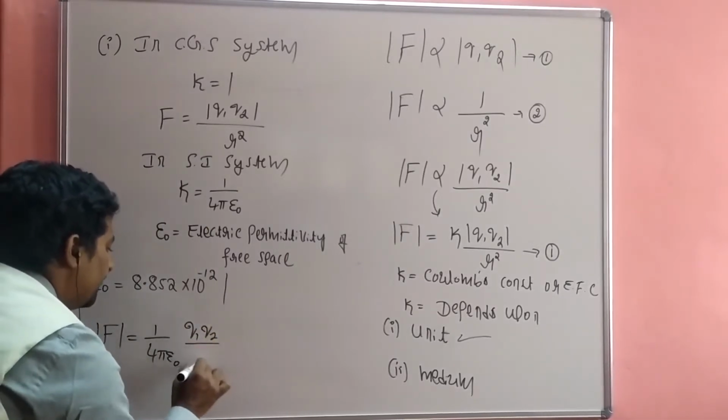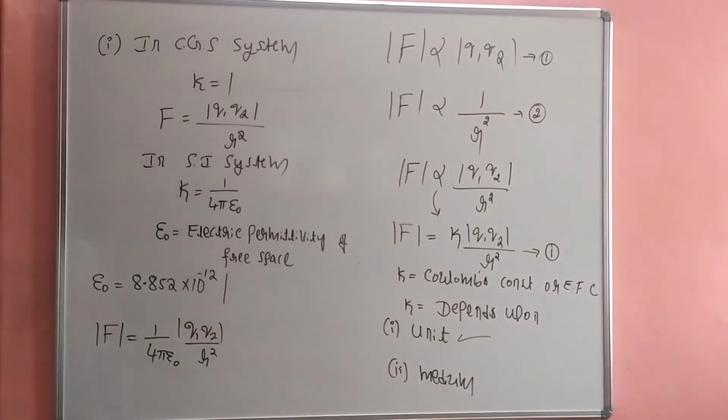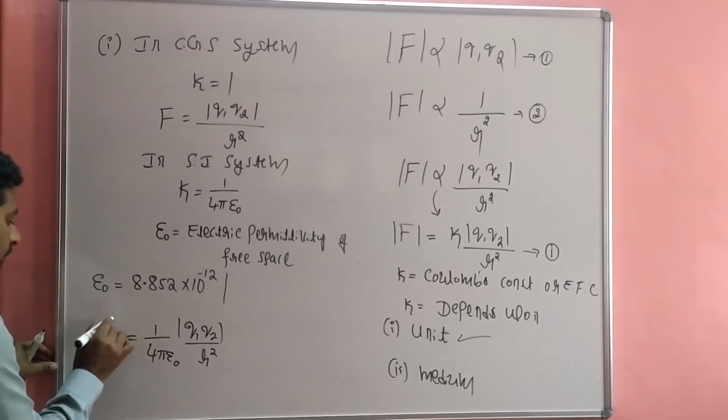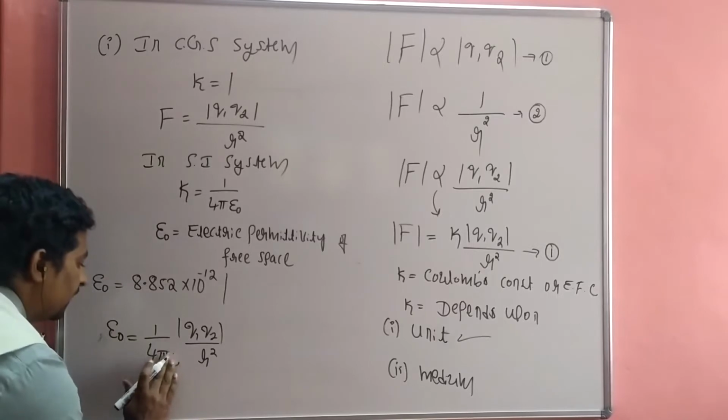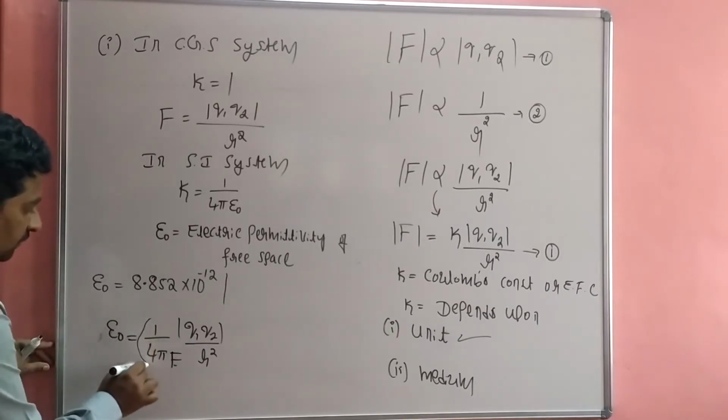So epsilon naught is shifted to this side, and F to the other, so now this becomes constant.